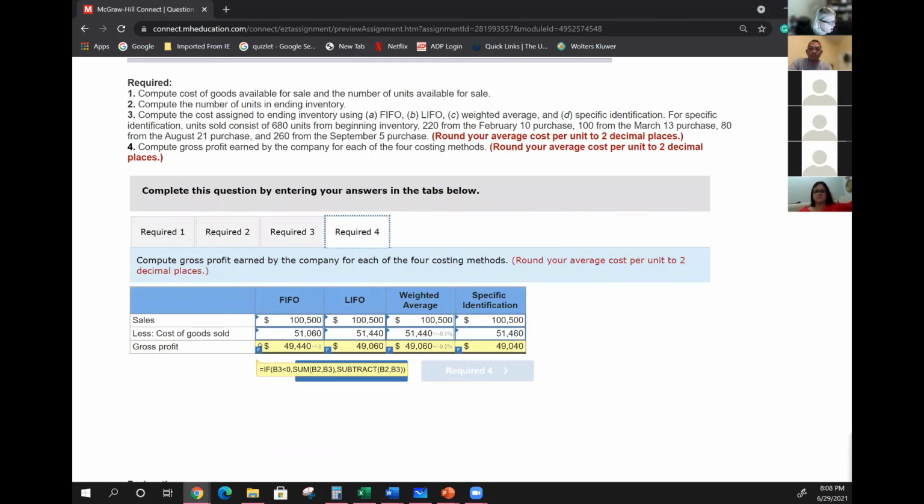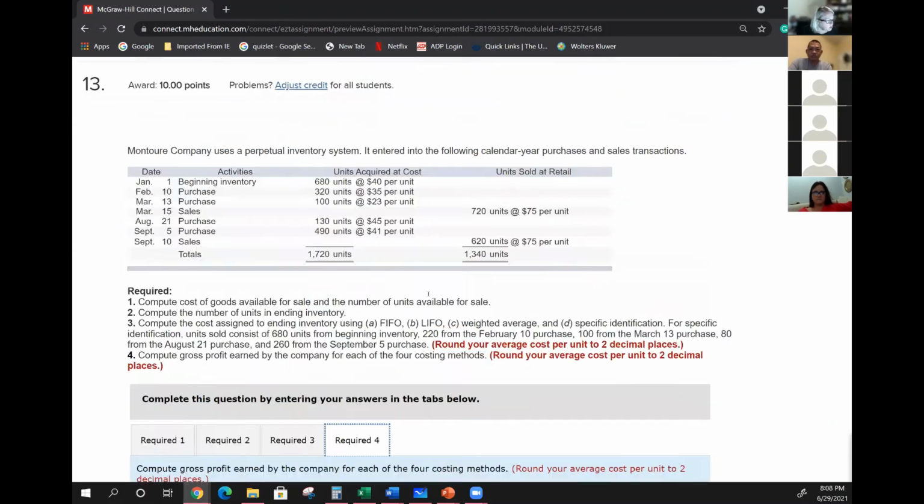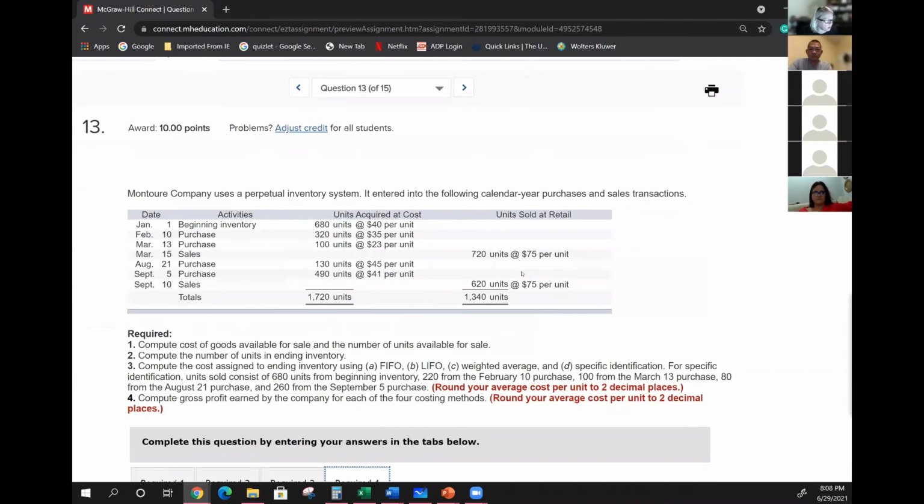So number 4, they want to know the sales. So now you have to calculate all the sales. When they're telling you what's sold, they're telling you 720 units were sold at $75, and 620 units sold at $75. Well, they were both sold at 75.